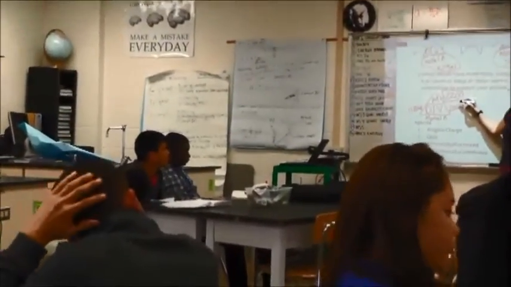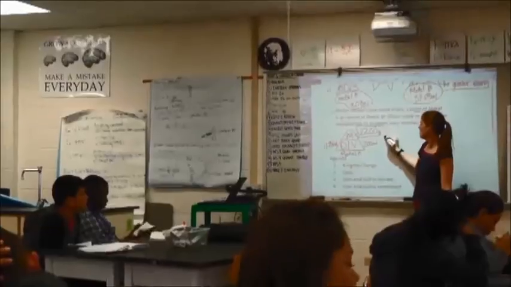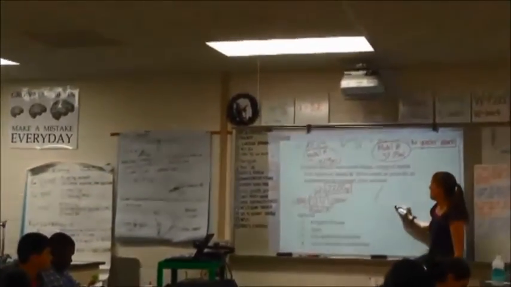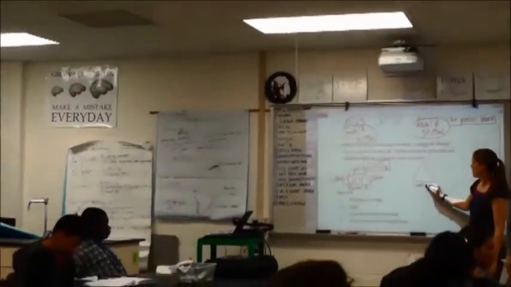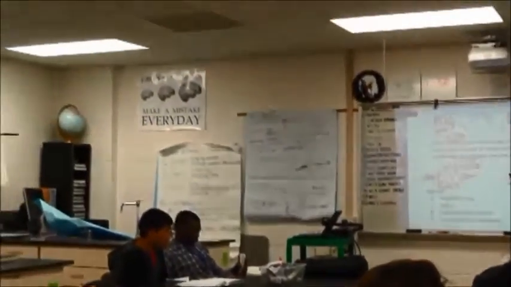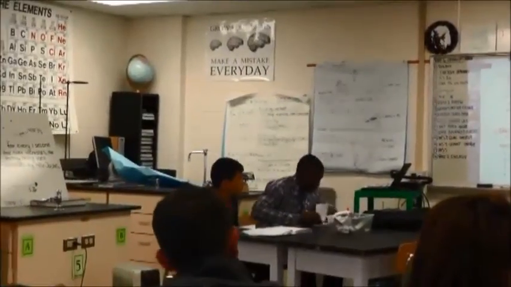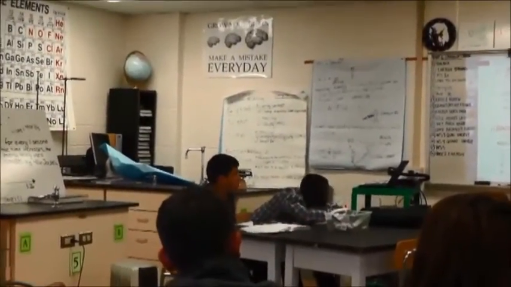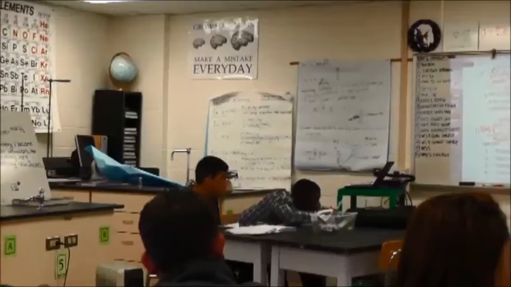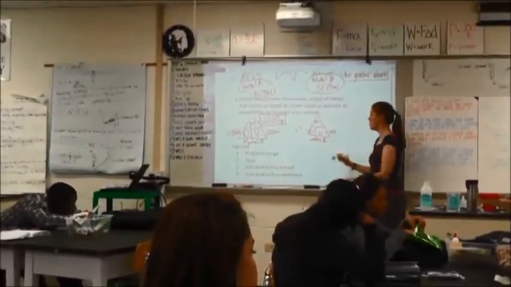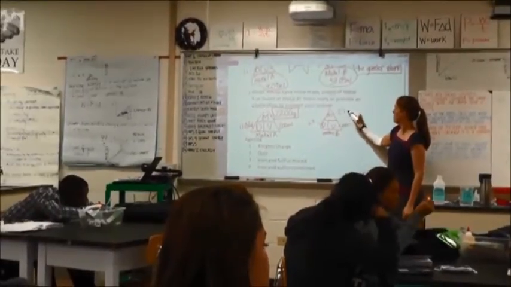Mass. Grams. Okay, that'll be density, mass, volume. Okay, we know we have 2.7, we know we have 100. So, Ibrahim, what do I do? I multiply, good.